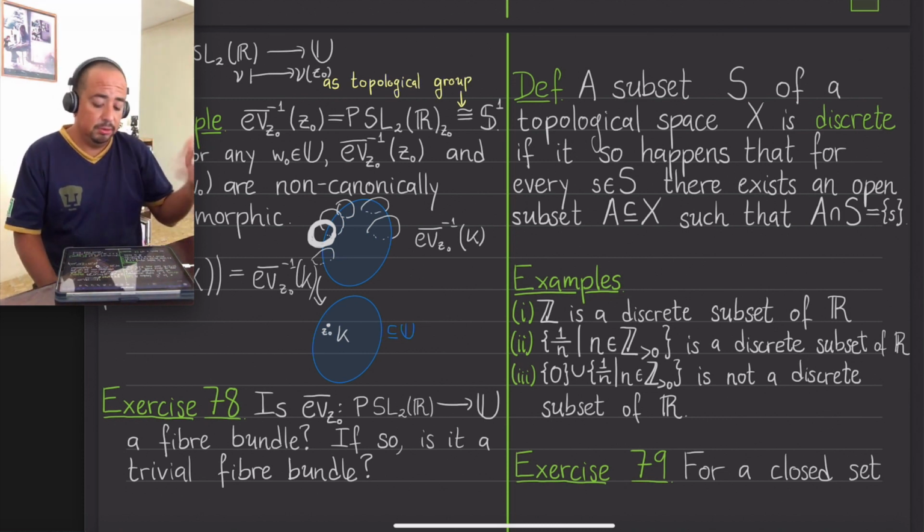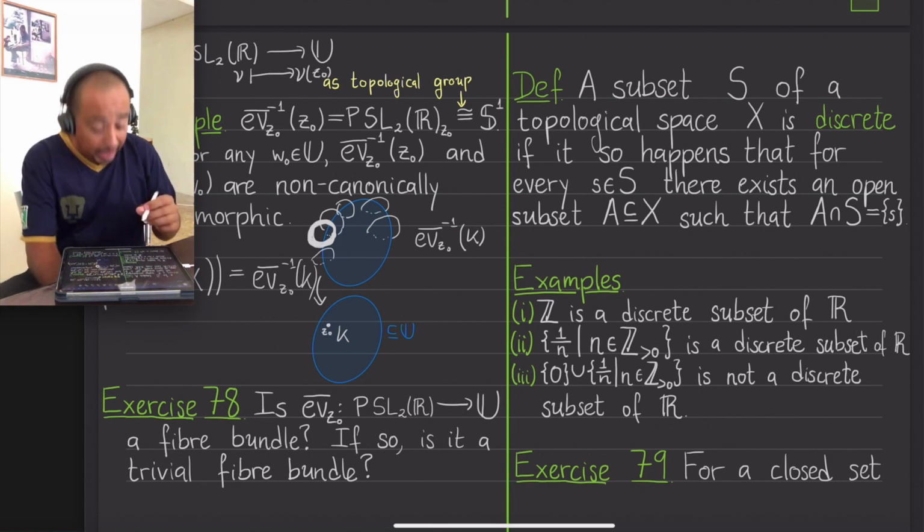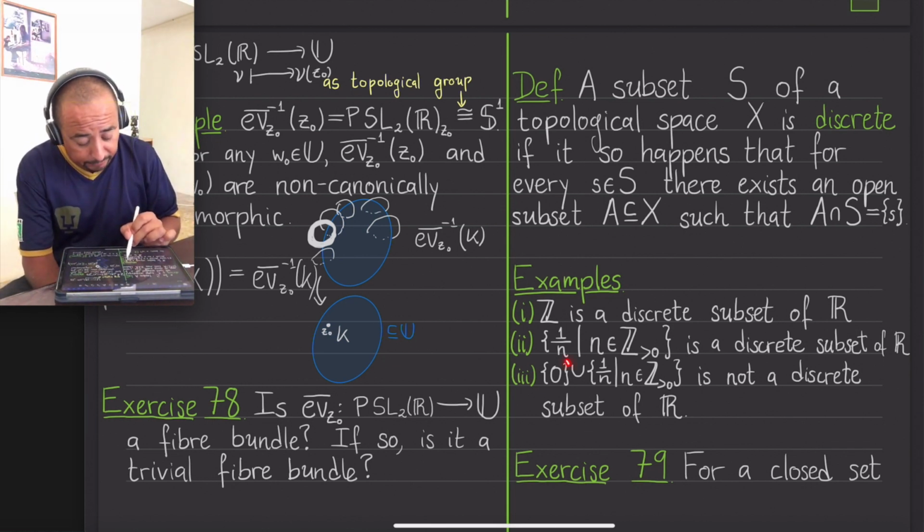Now, if I glue that point in, this is no longer going to be discrete, because any open set around this point contains other elements.